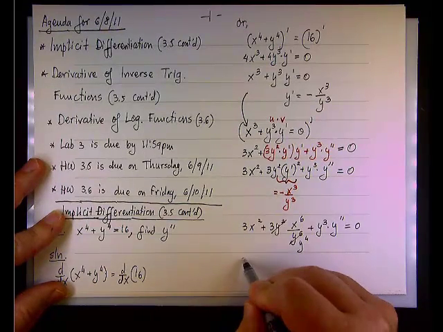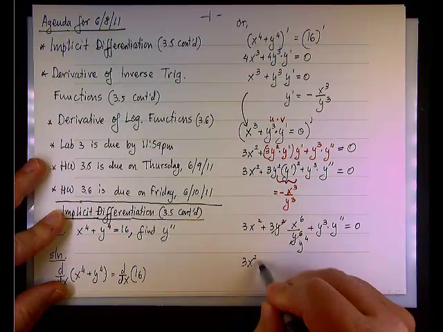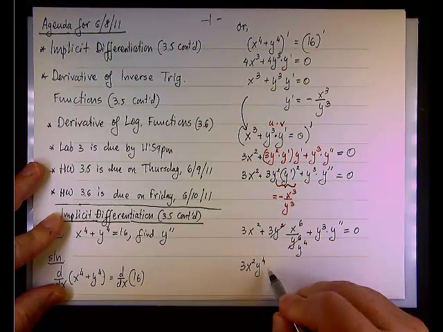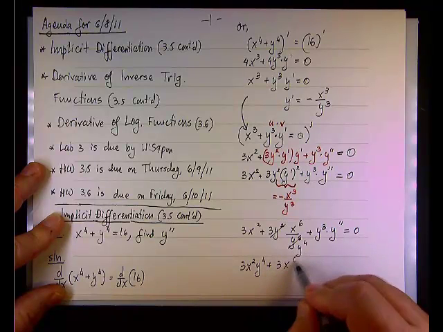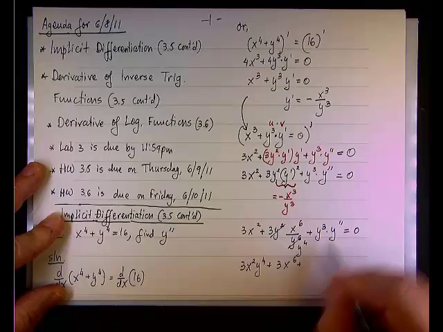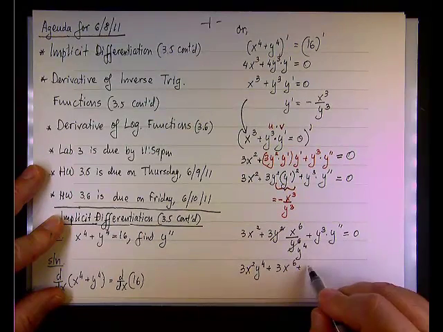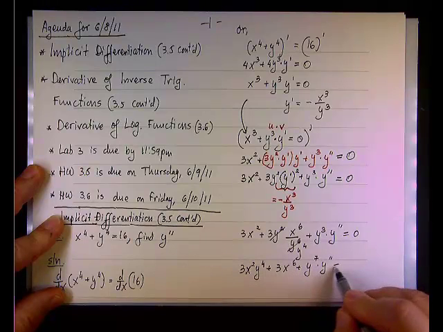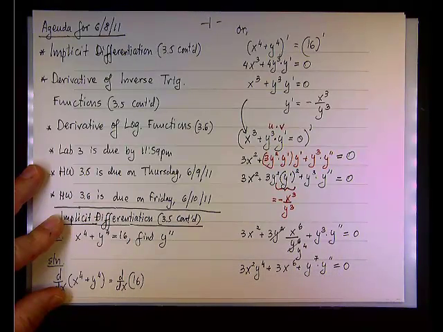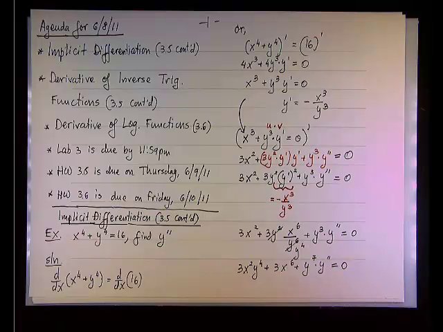I'll get 3x squared y to the 4th plus 3x to the 6, and here I have y to the 4th times y cubed, y to the 7th times y double prime equals 0. Are we doing good so far?